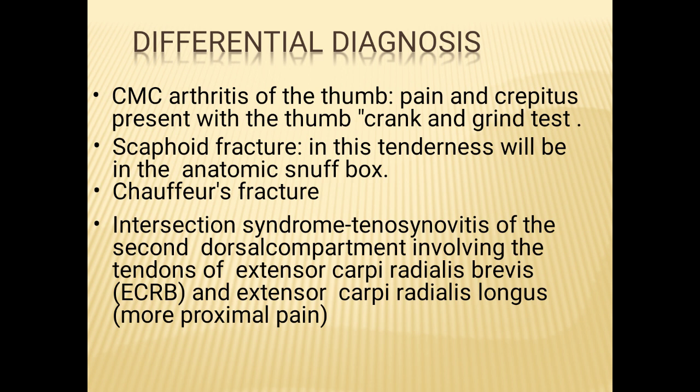And intersection syndrome: tenosynovitis of the second dorsal compartment involving the tendons of extensor carpi radialis brevis and extensor carpi radialis longus. Usually the pain will not be in the radial styloid region. The pain will be more proximal and on the dorsal part of the distal forearm.